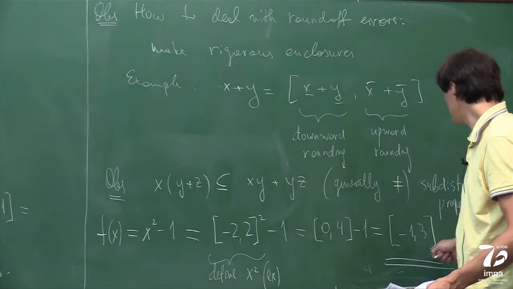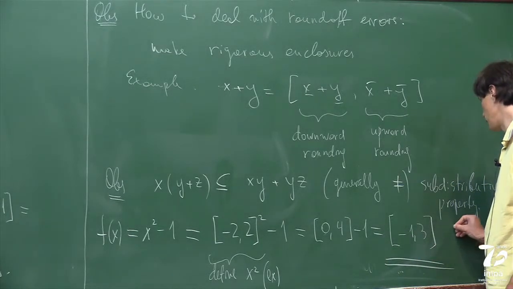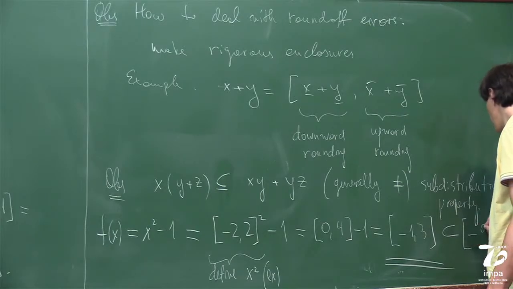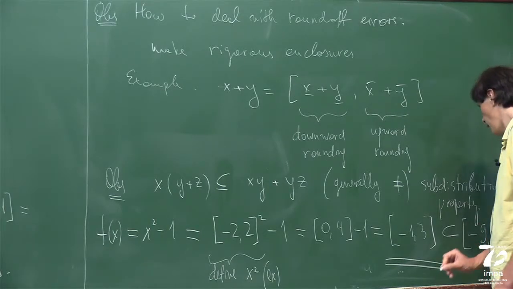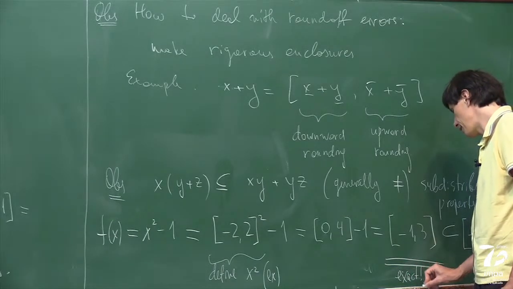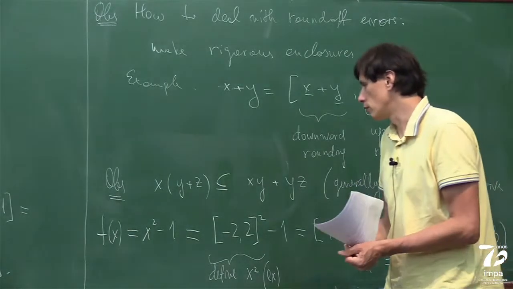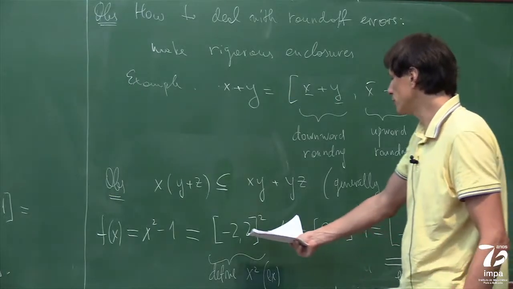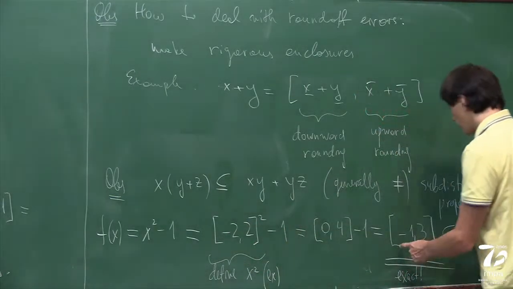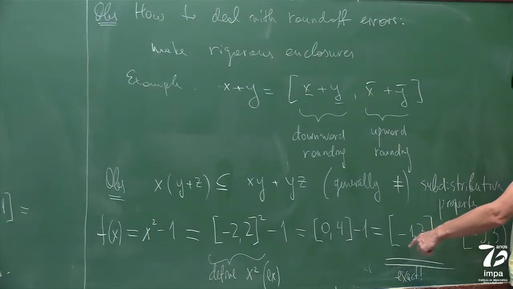But certainly this value is more precise, yeah? Because this is a subset of what we had before. And this is exact, in the sense that if x belongs to this interval, then taking different x from this interval, we can obtain any number in this interval.